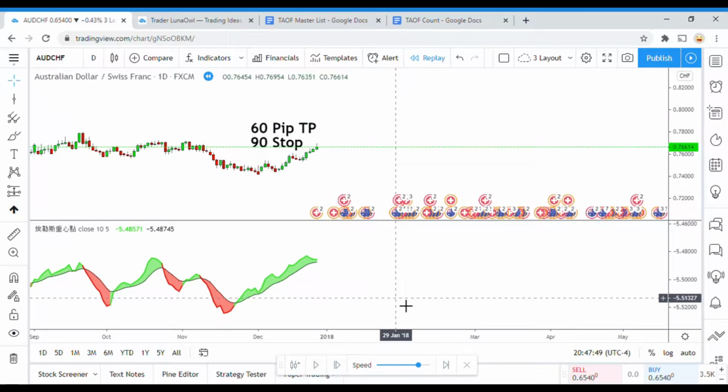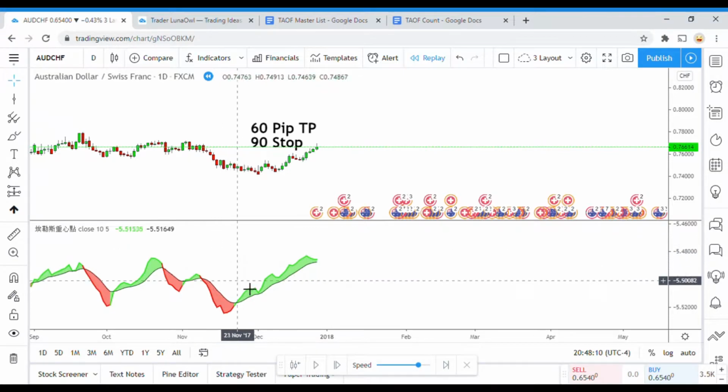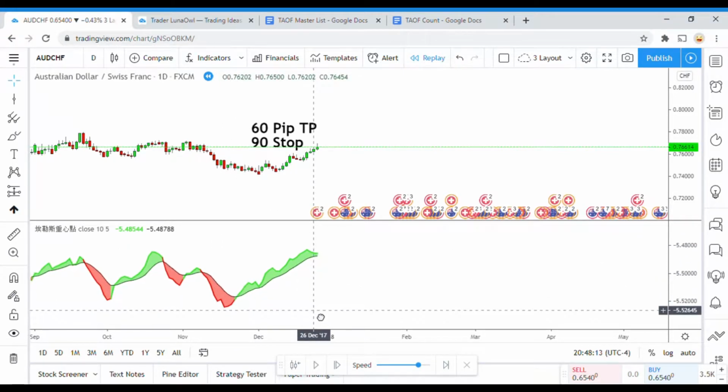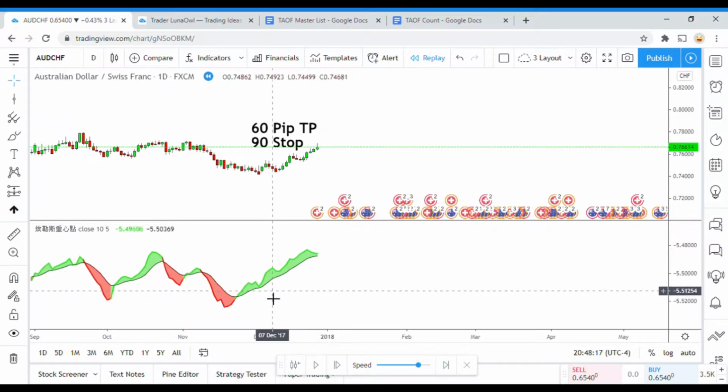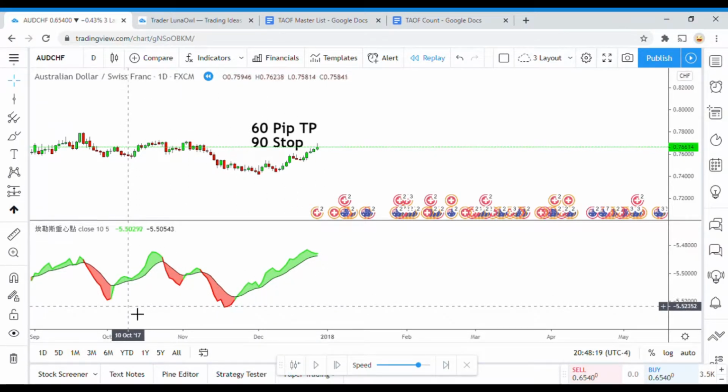Alright, as I said, today we will be testing the center of gravity indicator. This is an indicator that was developed by John Ehlers quite a few years back. Basically, the idea of the indicator is to catch reversals in the trends as soon as possible.